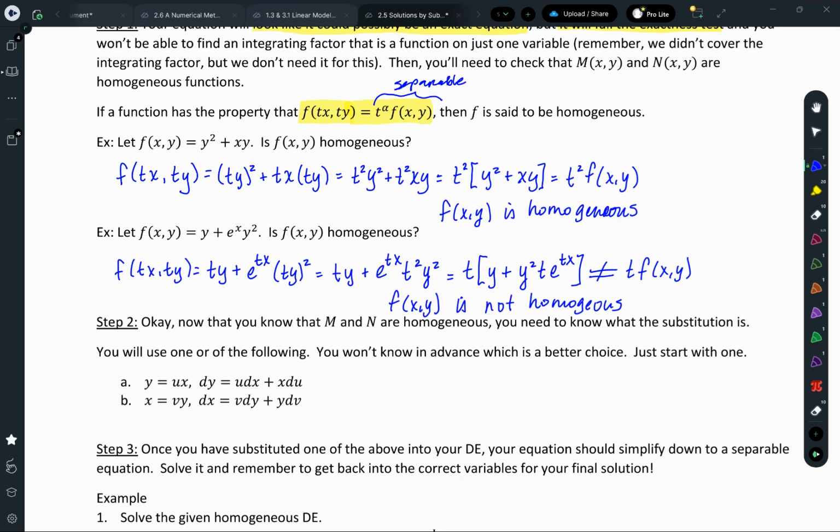Okay, so the first choice is that in part A, we could let y equal u times x, and then we would take a total derivative on that, and so that'll give us differentials, and we would get the differential dy is equal to u dx plus x du, or we could use the substitution x is equal to vy, and then dx, the differential, would be equal to v dy plus y dv.